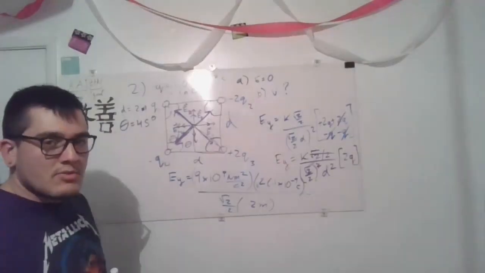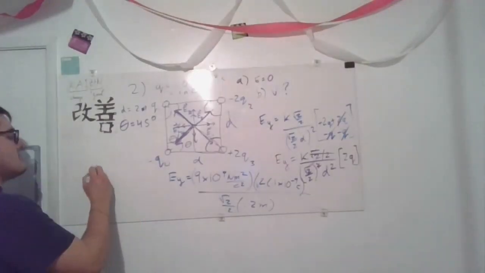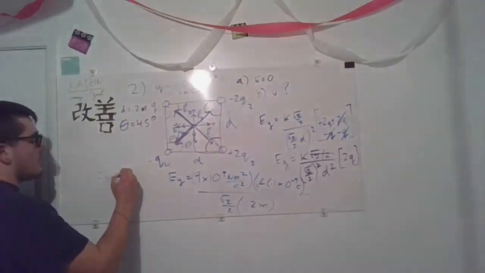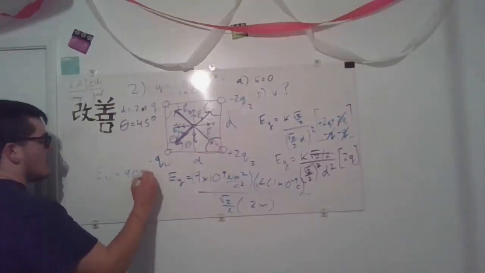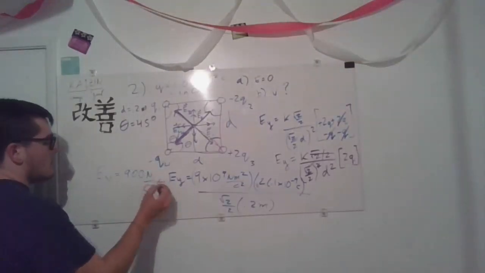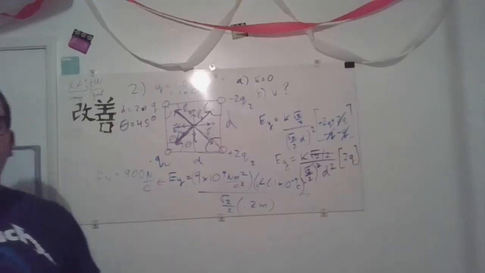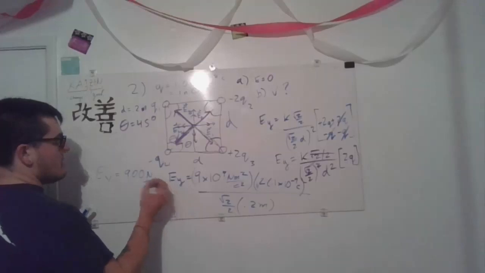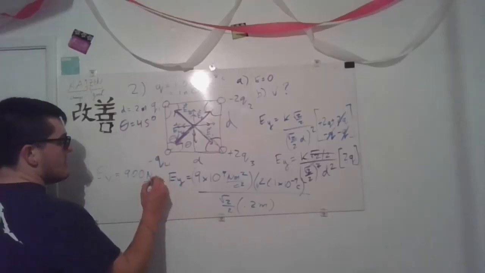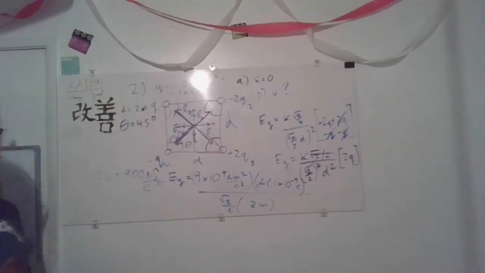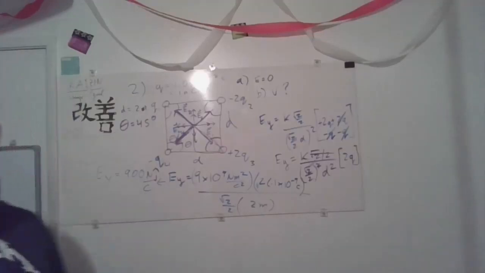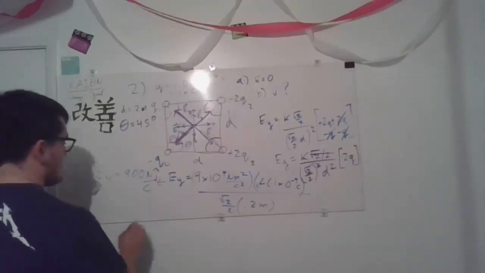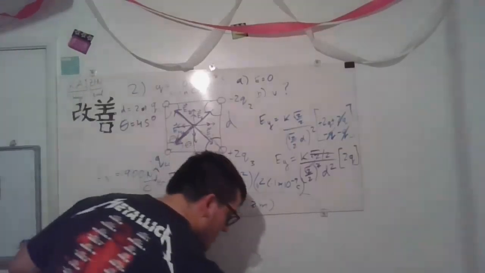Is it 900 newtons per coulomb? Is that what it is? 900 newtons per coulomb. And even if you want to, you could say in the J hat direction. 900.14. Let's write that.